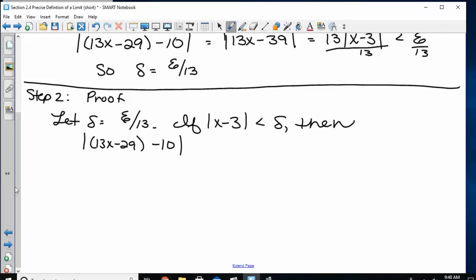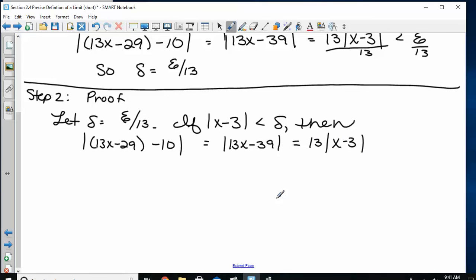Now from here, we've really already done this once, so it's really kind of regurgitating what we did earlier in our scratch work. So combining like terms. What can you pull out of that? 13.